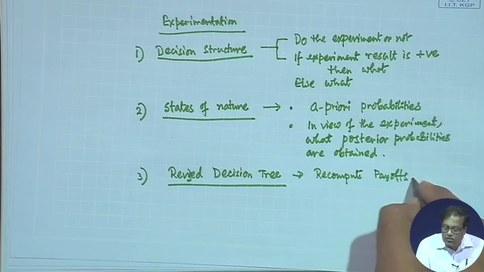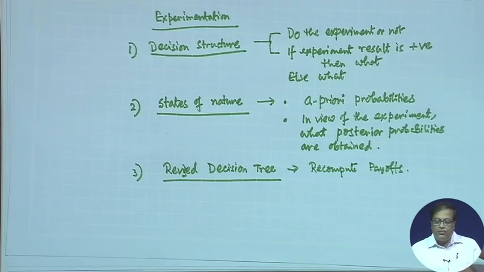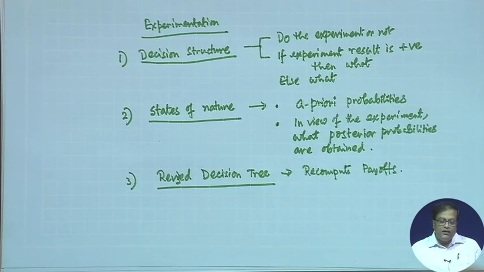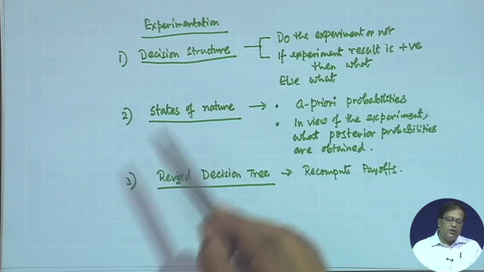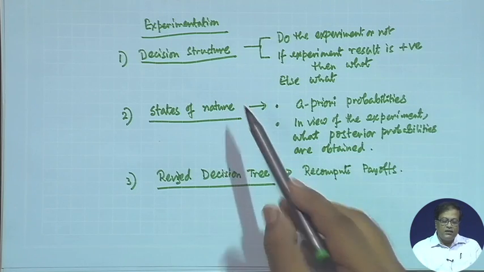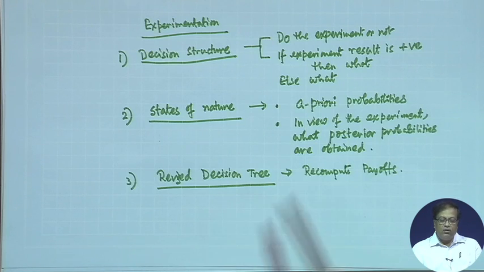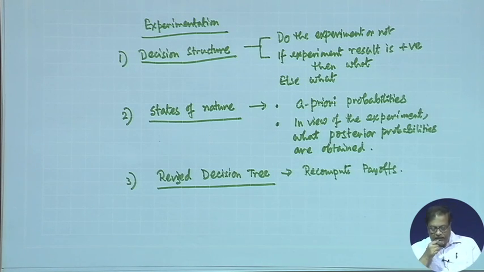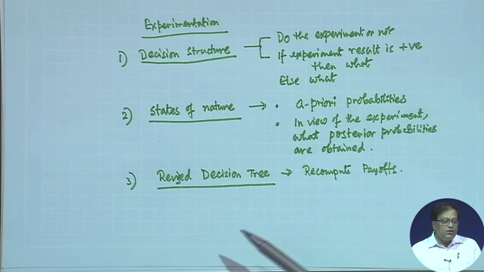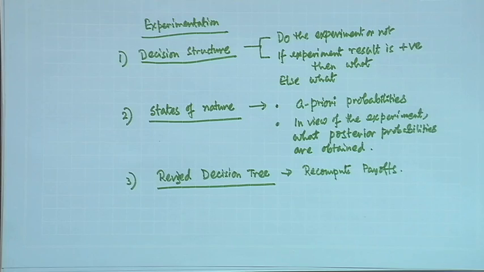So, all the payoffs have to be recomputed on the basis of number 1, that is the decision structure, and number 2, the states of nature. So, when we put all of these together, we can actually do the experimentation in a proper manner. This is the broad structure under which we shall be able to do the experimentation.